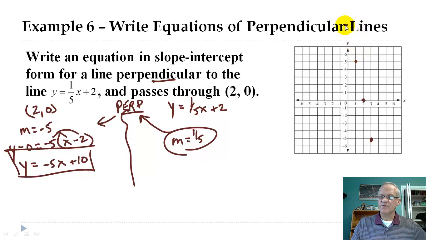So somewhere up about in here, which it looks like that would probably be where 10 would be, and which matches up with our y-intercept there. So this line would look something like that. And then the other line would be y-intercept of 2, and it would go up 1 and over 1, 2, 3, 4, 5. So something like that. And so you can see that those are perpendicular lines.